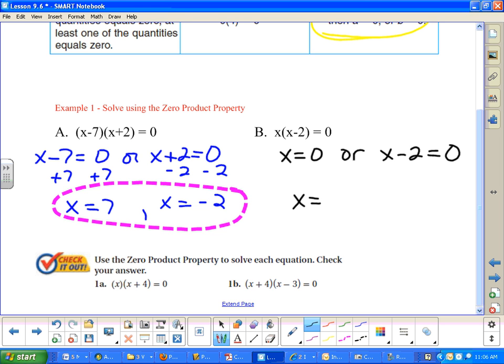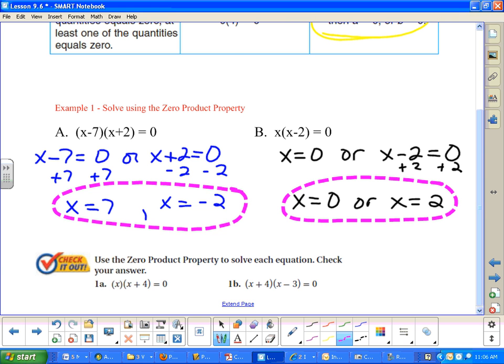So we get x equals 0 or, add 2 to both sides, x equals positive 2. So either of those two numbers is going to cause that function to be equal to 0.